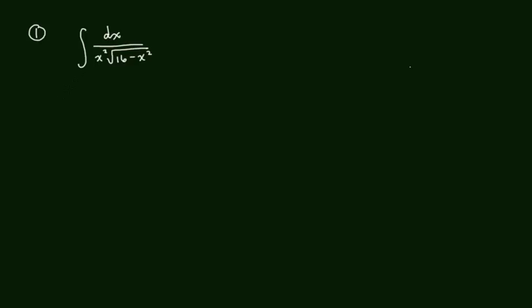Alright, so we see the expression here, that's the expression a squared minus x squared, specifically 4 squared minus x squared. Because of that, we're going to let x equal a, which is 4, times the sine of placeholder theta.